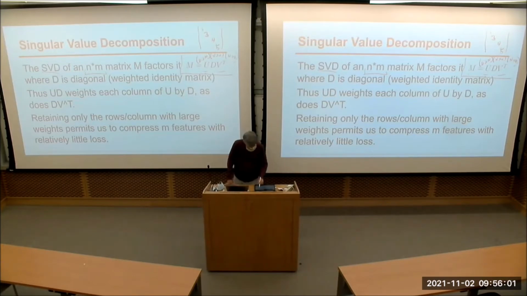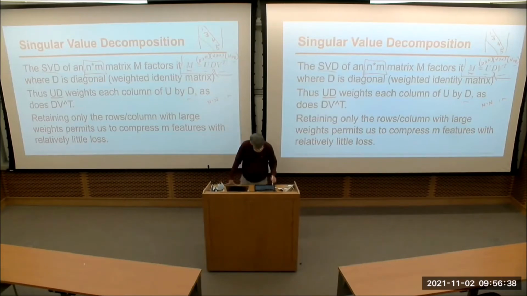So the final matrix is N by M. The center matrix is just a diagonal matrix. Therefore, we could think of this as having factored M into two matrices: UD, which is an N by N matrix, and the other one, which is an N by M matrix.